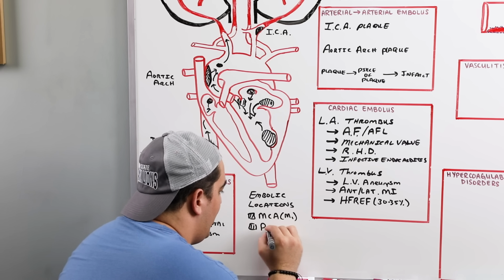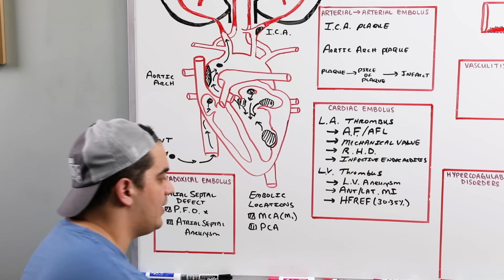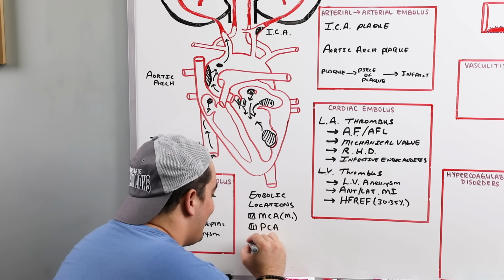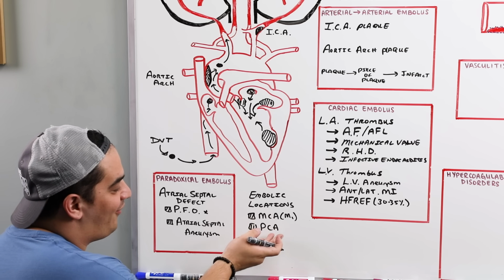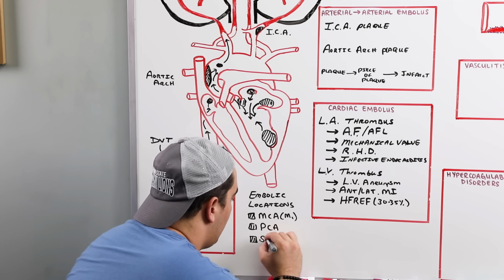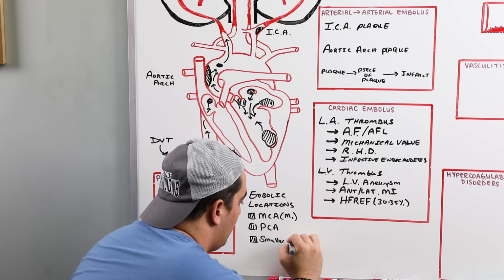You can also get this in your PCA, okay? And this could be in the main part of the PCA, but here's where it gets a little bit interesting. They could also branch down further into the further segments of the MCA and the PCA. So the smaller segments.